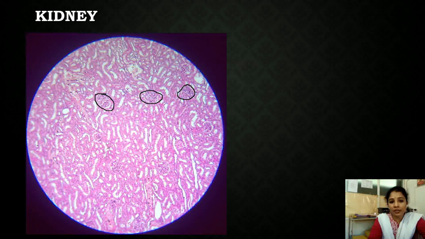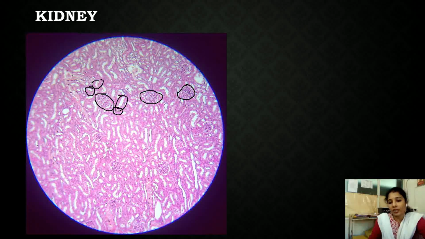And near these glomeruli, we can see proximal convoluted ducts and distal convoluted ducts. The proximal convoluted ducts will have a narrow lumen, and distal convoluted ducts will have a little larger lumen.